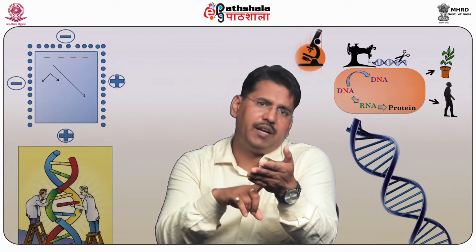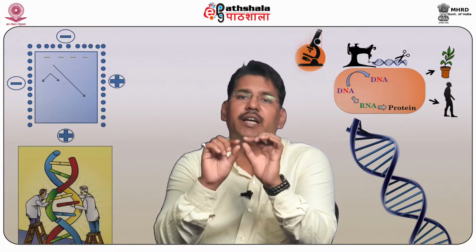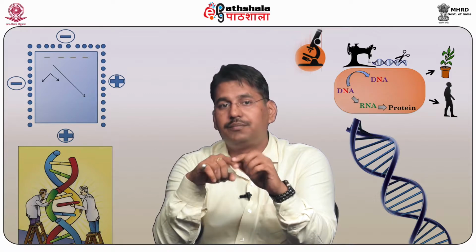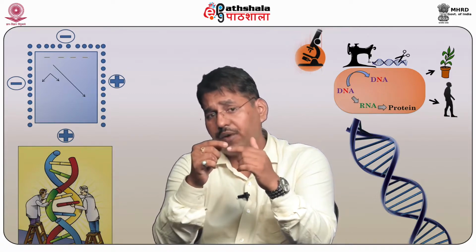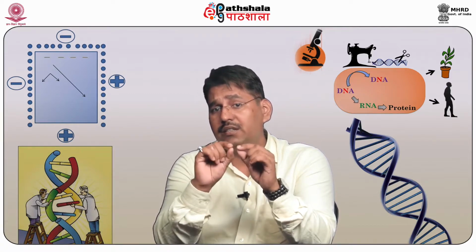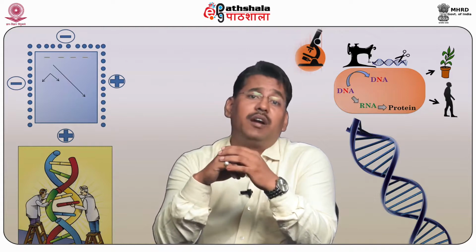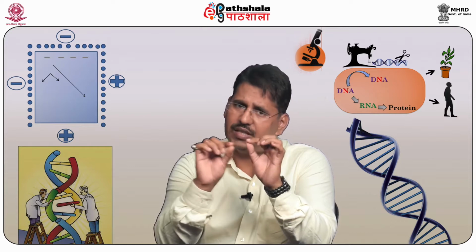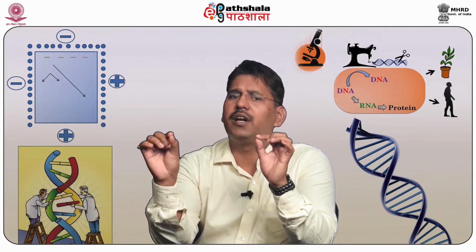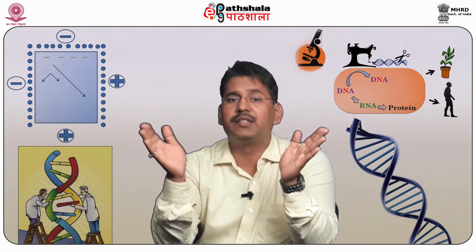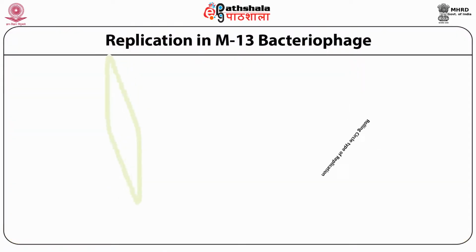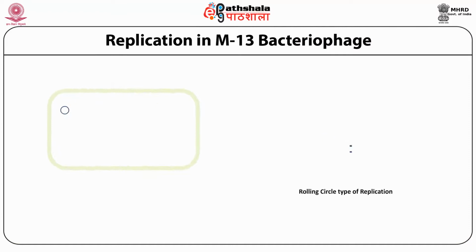The 3' end on the circle is extended while the growing point rolls around the circle template, while the 5' end is displaced and forms a tail of single-stranded DNA. Now, this single-stranded tail is converted into double-stranded DNA by synthesis involving RNA primers. M13 vectors have a specific mechanism of DNA replication.